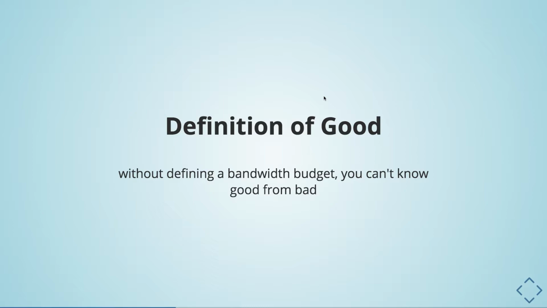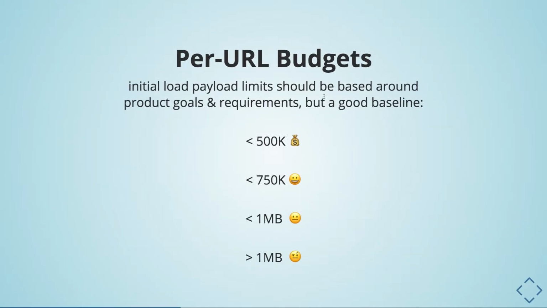So I think before you begin anything, you have to have some sort of definition of what good means to see if you're achieving that. And this is going to vary, just like we talked about all those trade-offs, right? You've got to count all those trade-offs, all the goals of the application, what you're doing, and based on that, these numbers are going to change, right? But for me, when starting out of the gate, I look at this. This is kind of a baseline.